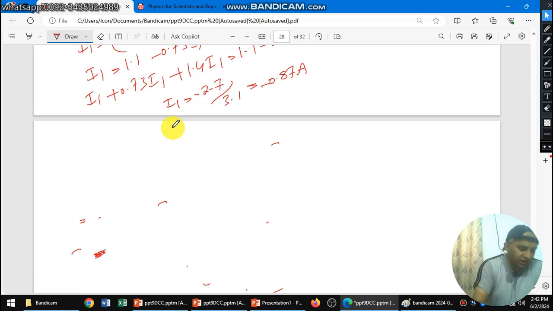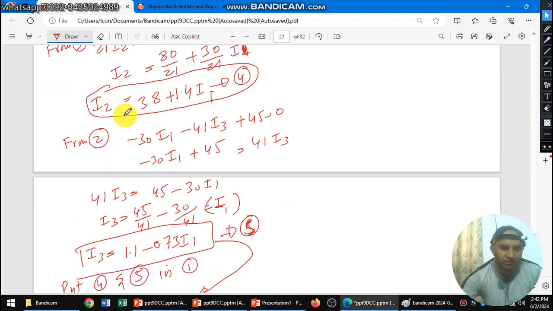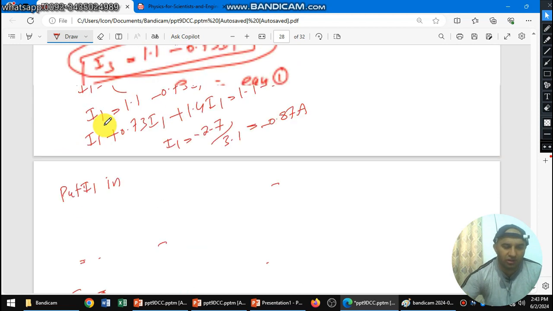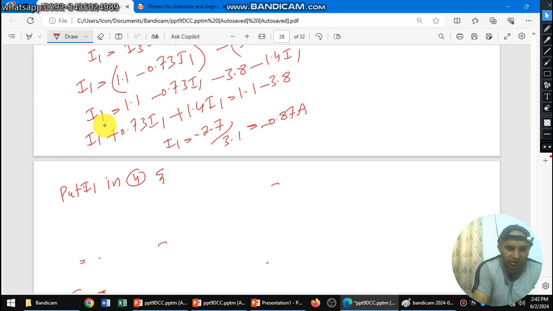Now we put I1 in equation 4 and equation 5, where we have I2 and I3. First, equation 4: I2 is equal to 3.8 plus 1.4 into I1. Instead of I1 we write minus 0.87 ampere. We solve and get I2 equal to 2.6 ampere.